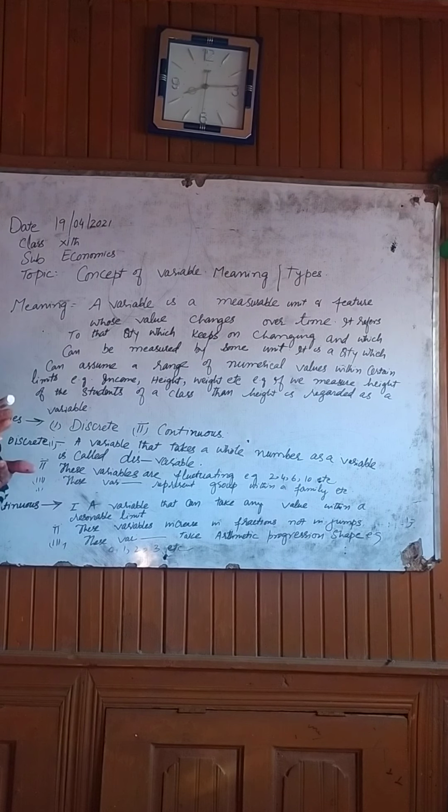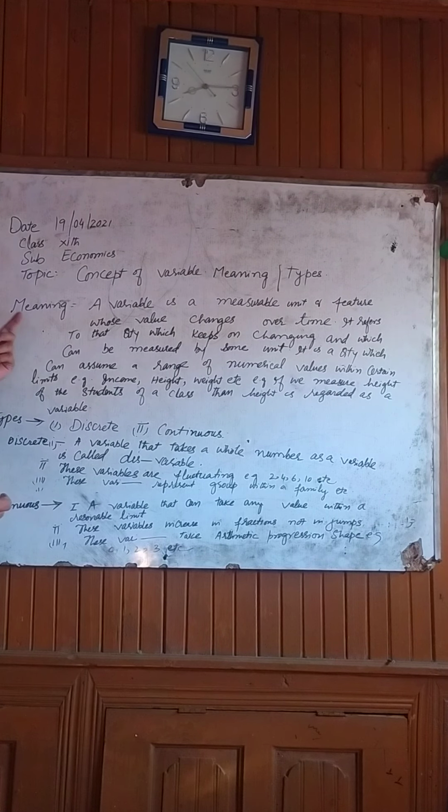For example, we learned about random sampling, stratified sampling, mixed sampling, etc. So today our topic is the concept of variable. It is one of the features of obtaining data.